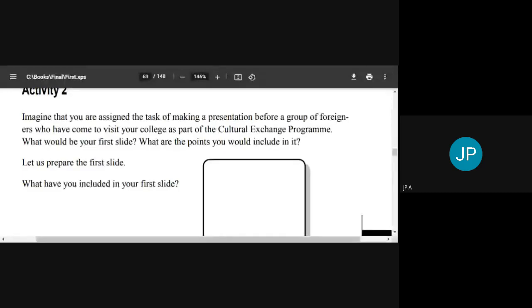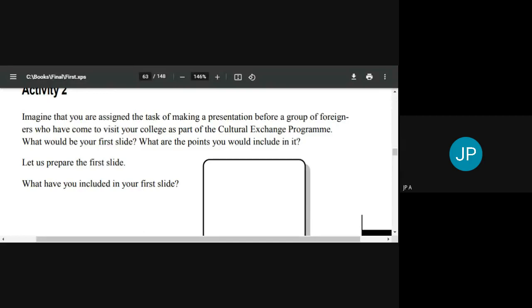The photograph of the college can be included in the first slide itself. Either you can put it prominently on top, or you can set it as the background of this page. A very mild background of the photograph of the college in your front slide will create a very good impression upon the audience.